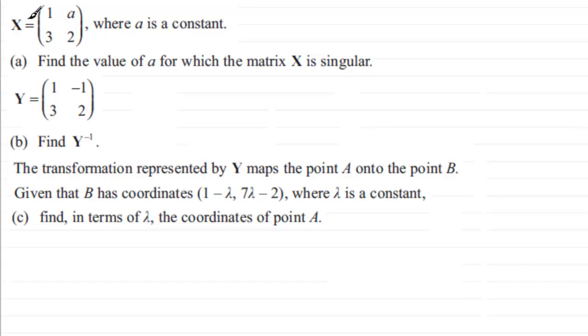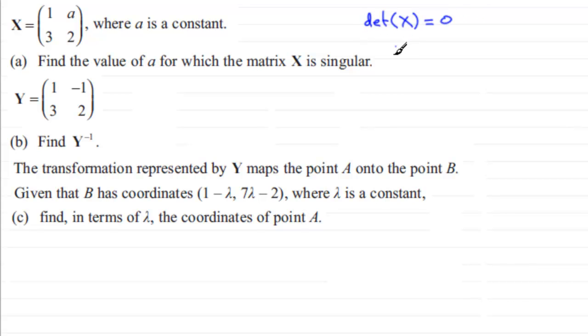So in the first part we're told that this matrix X is equal to 1, 3, A, 2, where A is a constant, and we've got to find the value of A for which the matrix X is singular. For singular matrices, we should be familiar with the fact that the determinant of that matrix, in this case X, must equal 0.